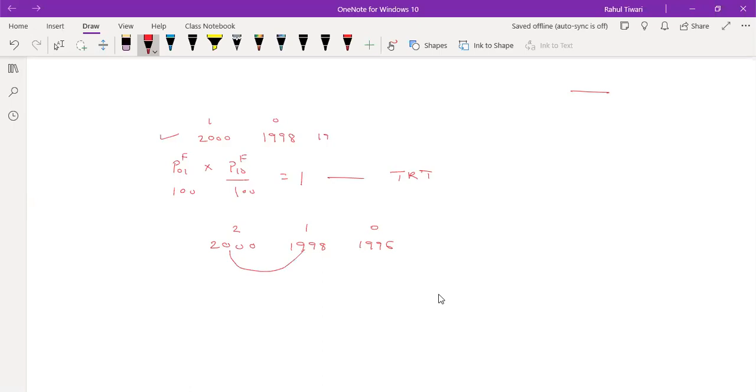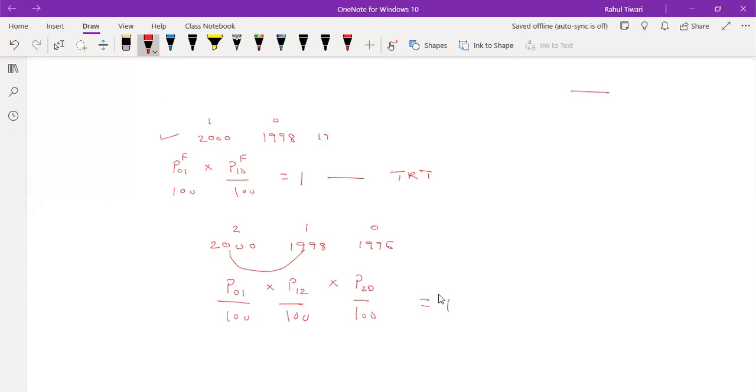So it is going to be P01 into P12 into P20, whole thing divided by 100. If it is equal to 1, then I will say it satisfies the circular test, not TRT.